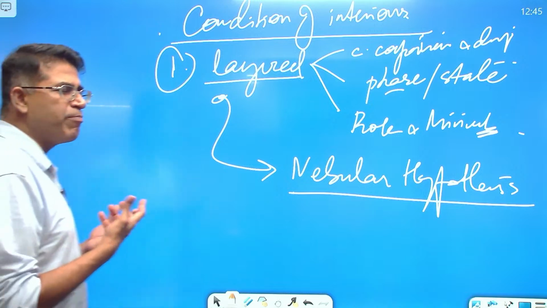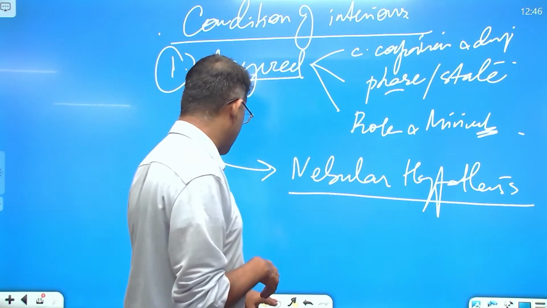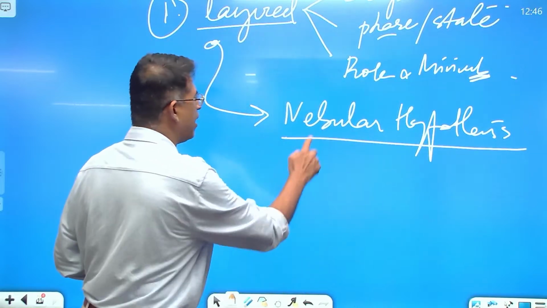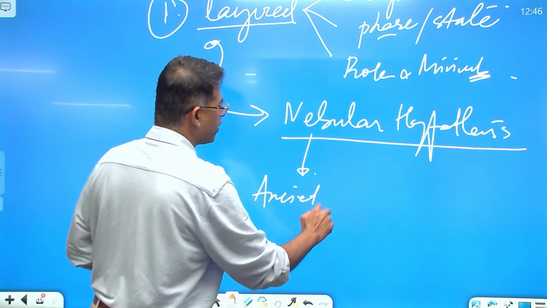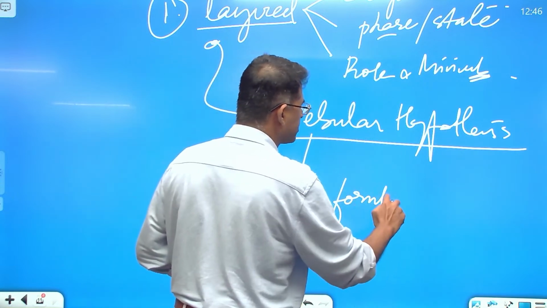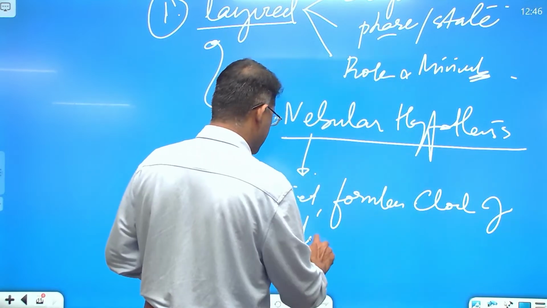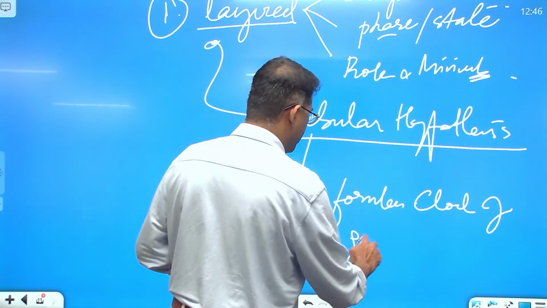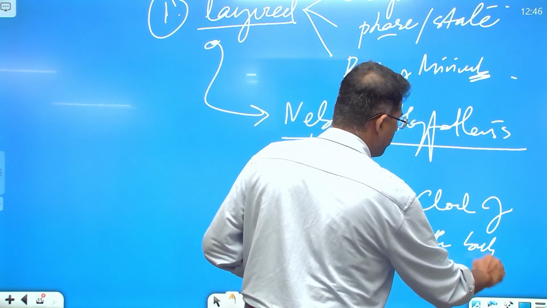Our universe maybe was a nebula. Our solar system was a nebula. So what is a nebula? A nebula essentially is an ancient formless cloud of dust, of gases and other building blocks.